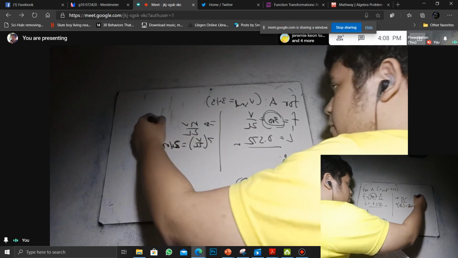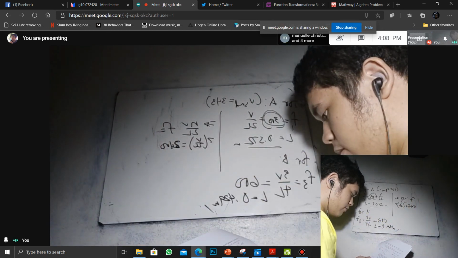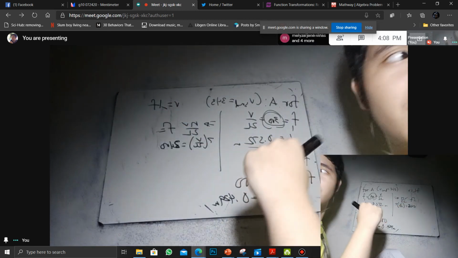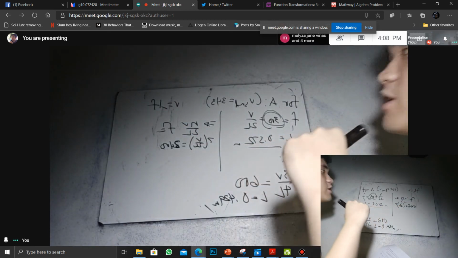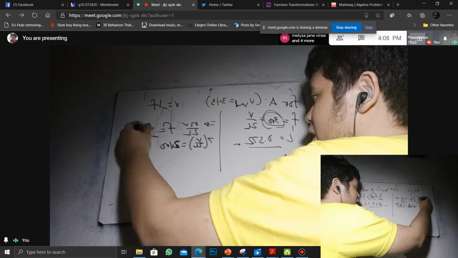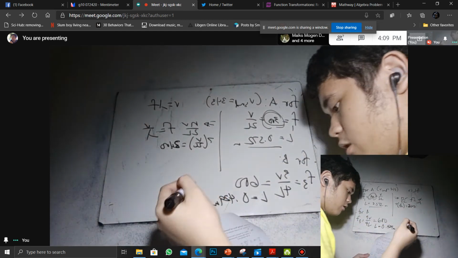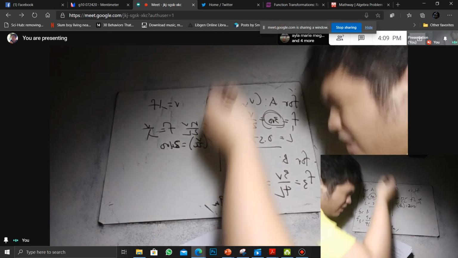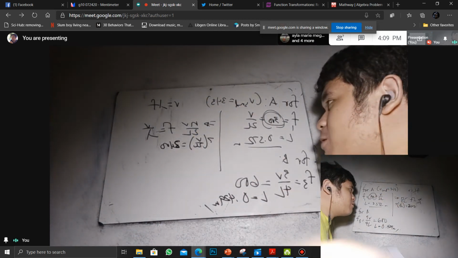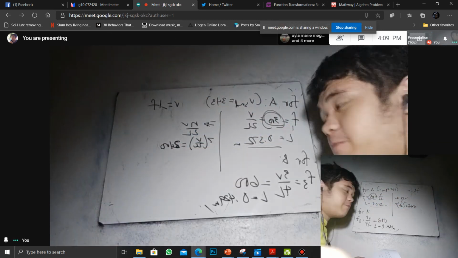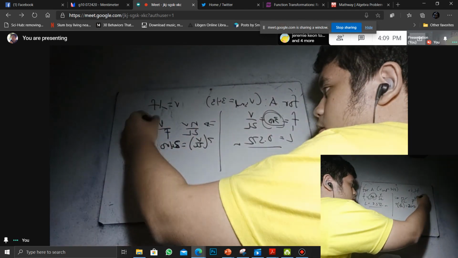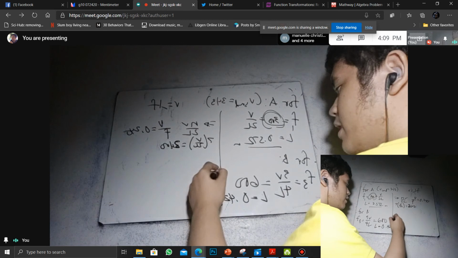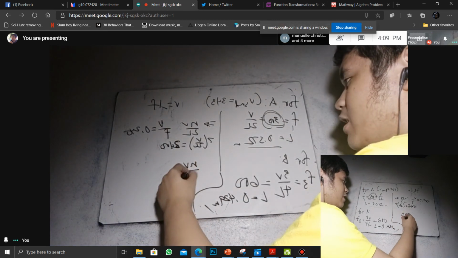Frequency equals to, di ba, V equals lambda F. You will get wavelength pala, wavelength. So, V over frequency, no? So, it's equal to 0.245. Na dito sa B, NV over 4L. So, times 7 ito.